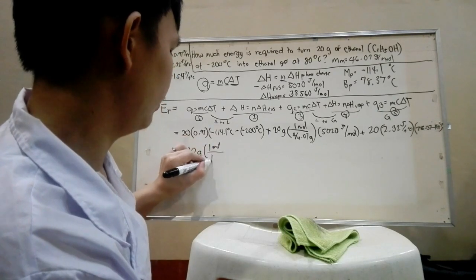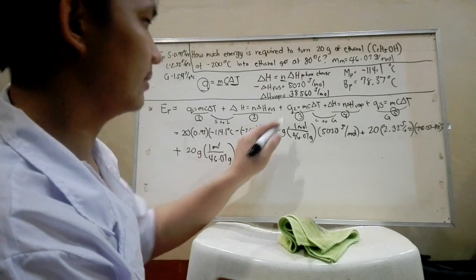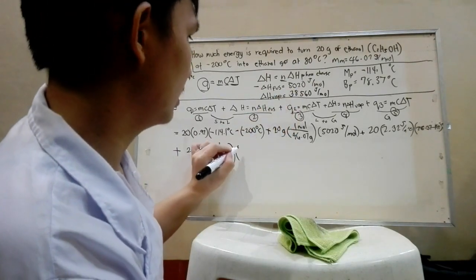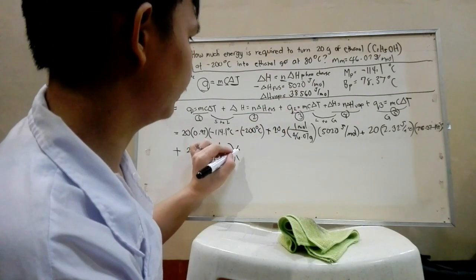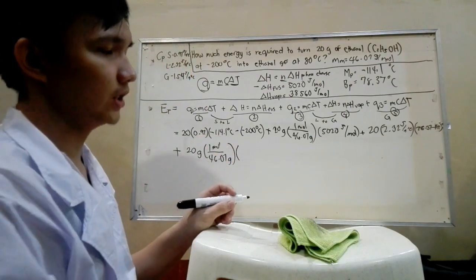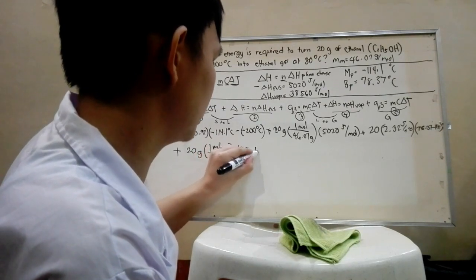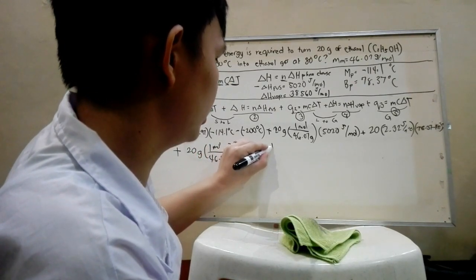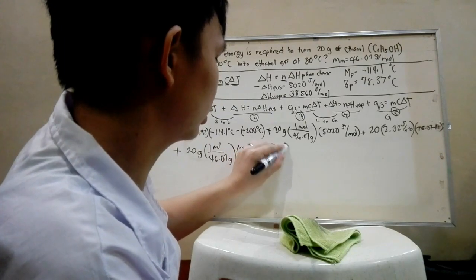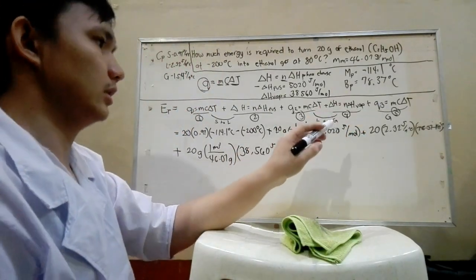again, over 46.07 grams, and times the constant of this heat of vaporization, or enthalpy change, phase change of vaporization, which is 38,560 joule per mole. And then lastly, we have to calculate the heat when it's in gas form.